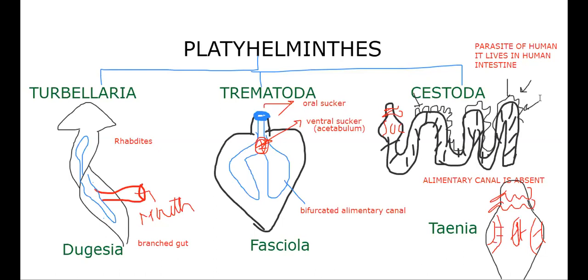This is a hook and this is a sucker. With the help of hooks and suckers, it attaches to the human small intestine. That is their specialty. Then with the help of the tegument having microvilli, microtriches particularly, it absorbs the digested foodstuffs.